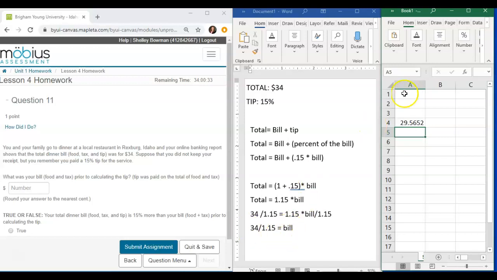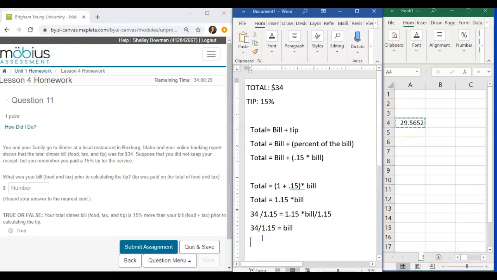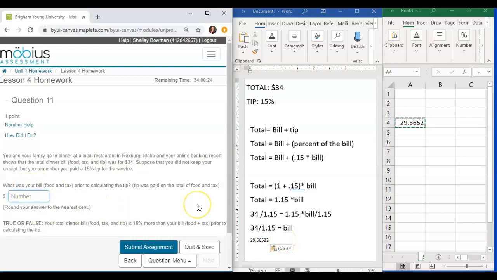Let's just go ahead and press copy, and I can paste it here with Control V. I want to round to the nearest cent, and this 5 will make the 6 round up to a 7. I want to make sure that I don't have any other symbols in there, since the system will see that as an extra symbol and not understand. It already has a dollar sign, so that looks good.